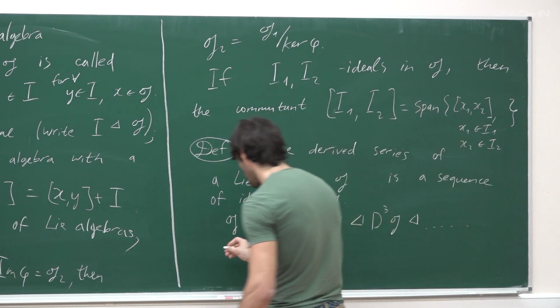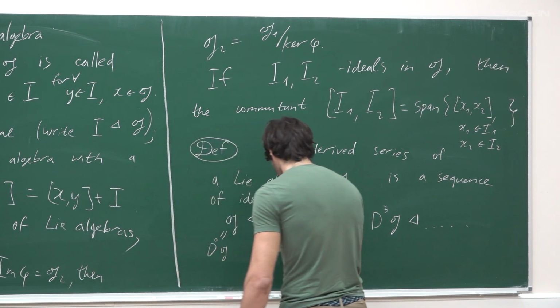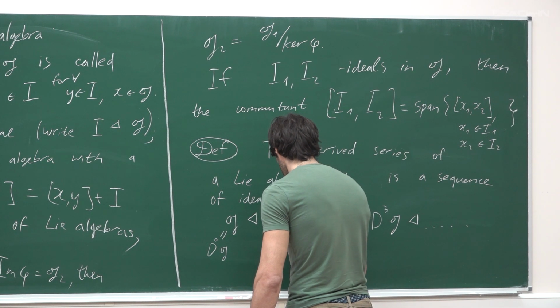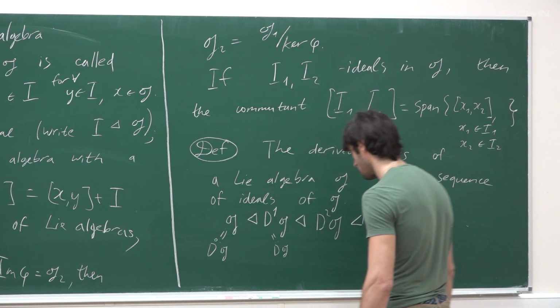This one can also be denoted D0 of G, and this one is just D of G. This is just another notation.